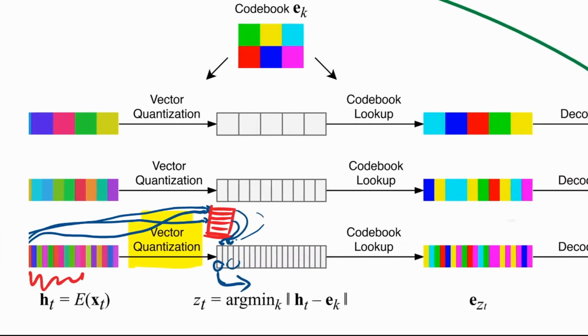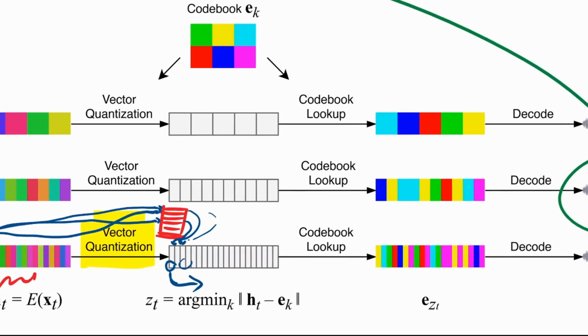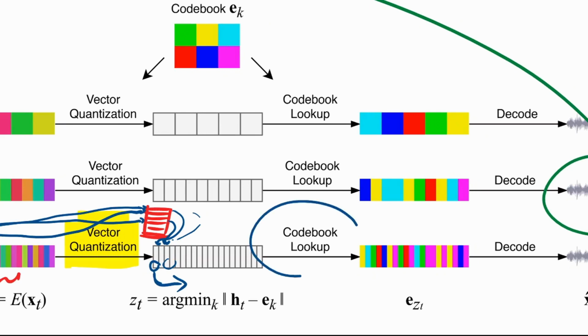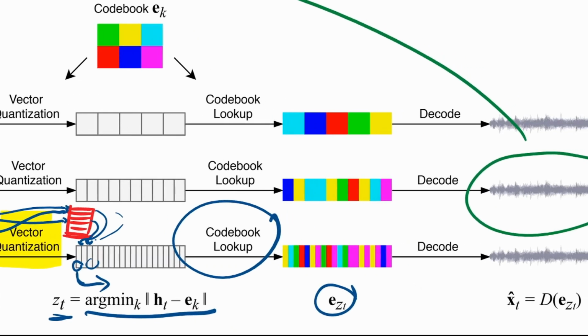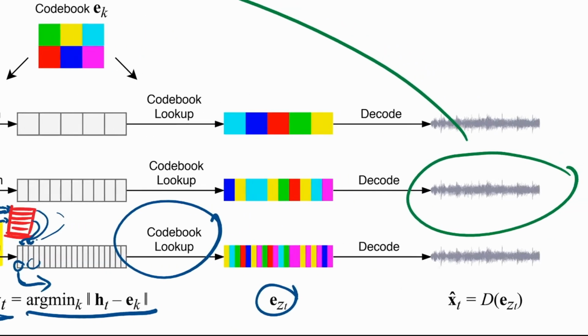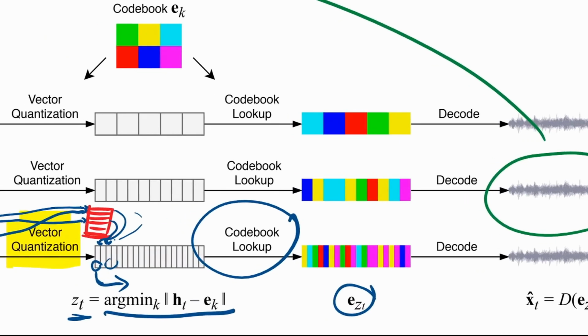So there's this vector quantization step, and the codebook lookup. Sorry, yeah, this minimizes which vector of the codebook is closest, and the codebook lookup, I think, will just replace this vector with the actual codebook entries.